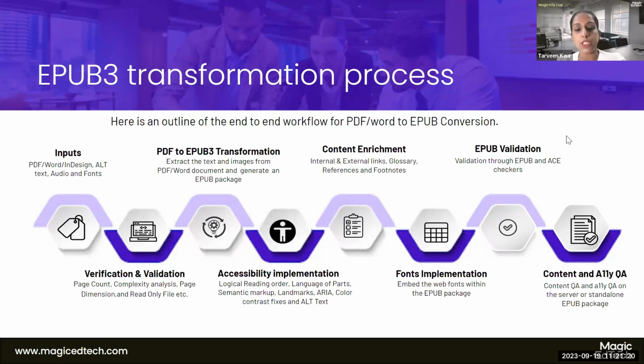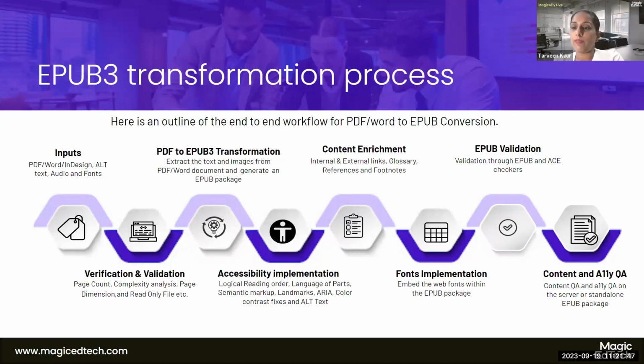Other than this, we need to ensure the logical reading order, language of path, semantic, landmarks, ARIA properties, all vocab guidelines need to be followed and we need to comply with. Once the remediation or accessibility implementation is done, we embed the internal links, glossary, references, and footnotes. That's the linking part that needs to be managed once everything is done.